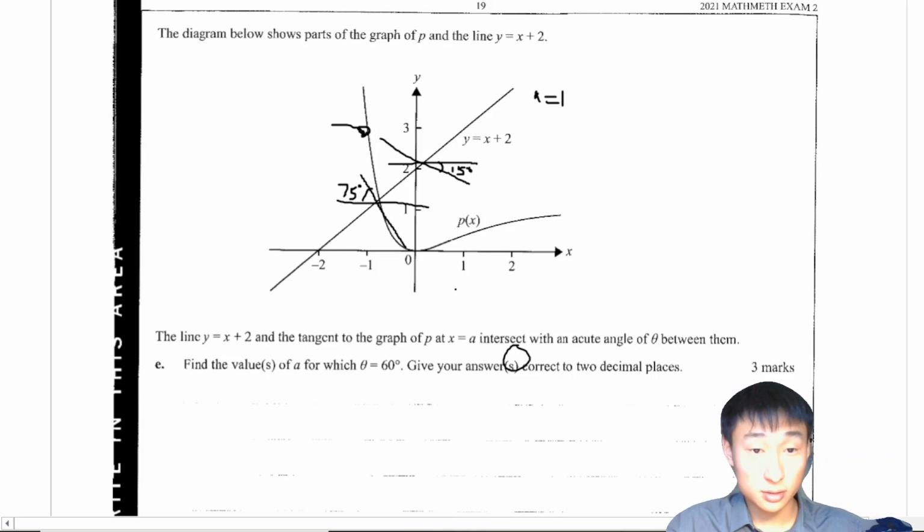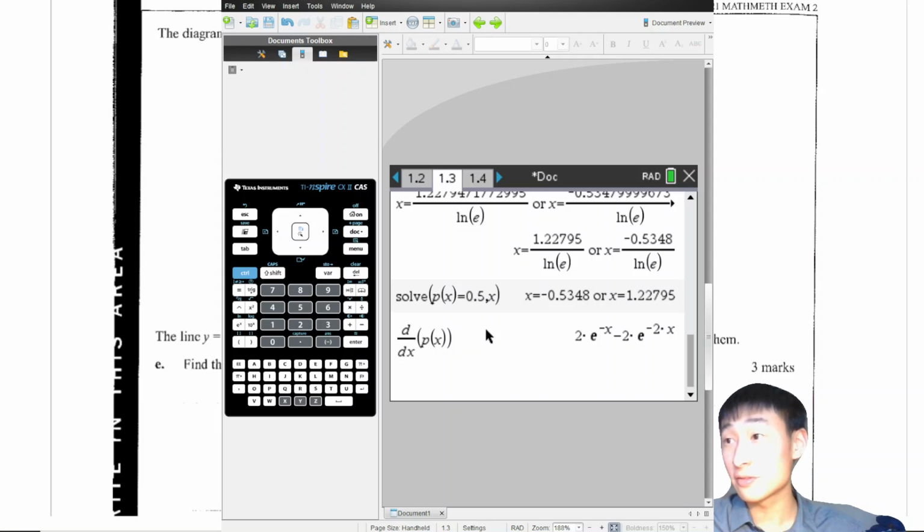So you can use m equals inverse tan theta. So m equals tan inverse 75 degrees, or m equals tan inverse negative 15 degrees to work out our two gradients here. I'm just going to do that first.